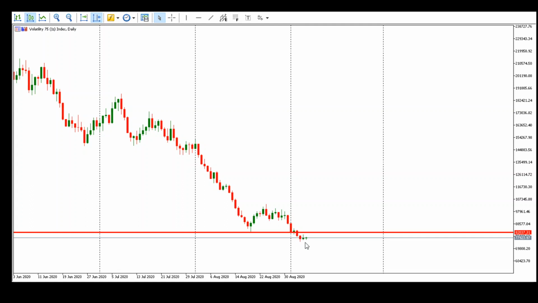So like here we know that they break this level. But if we want to buy, we need to see the market is pushing above this level and they test it, then we will buy. Otherwise they will continue, maybe they will come to test this one and they do a continuation.